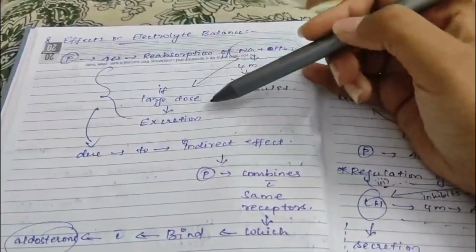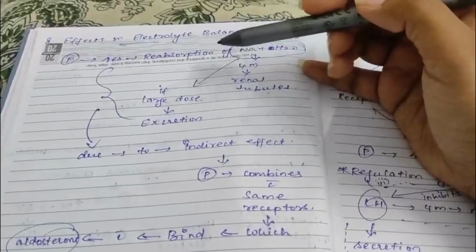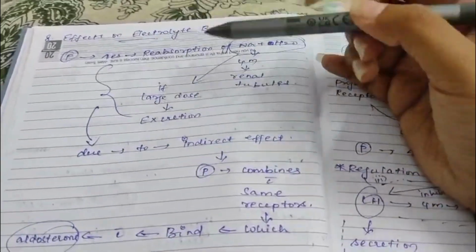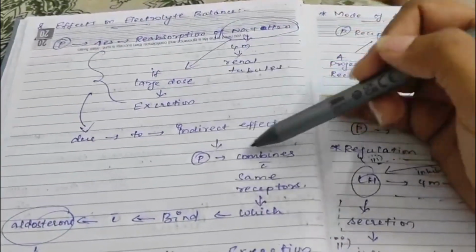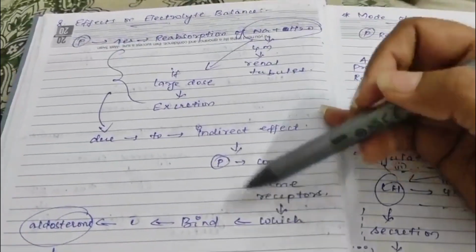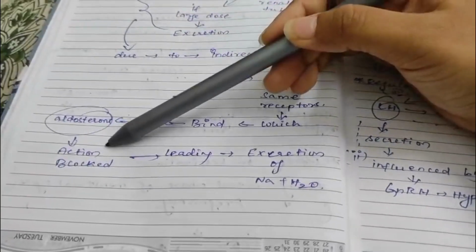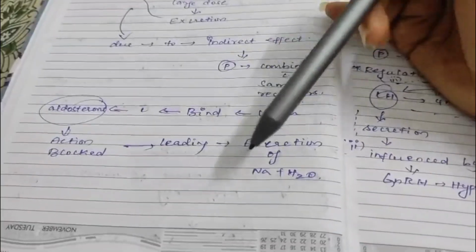With a large dose, excretion occurs, as an indirect effect: progesterone combines with the same receptors that bind aldosterone, and blocks its action, leading to excretion of sodium and water.